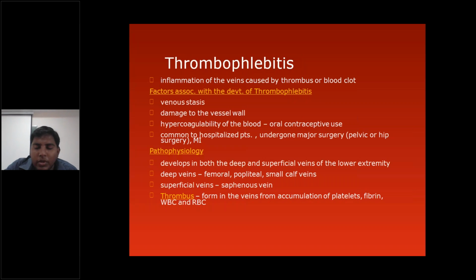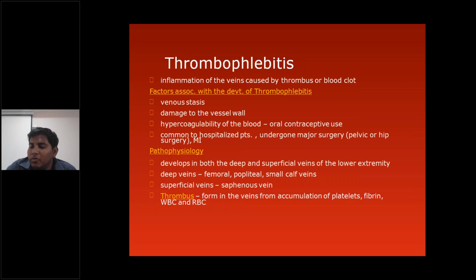Phlebitis means inflammation of the vein, which could be caused secondary to a thrombus or a blood clot. We use intravenous cannulas for administering various fluids and drugs in the hospital system. This is one of the most common causes of thrombophlebitis in the post-operative or hospital-acquired scenario.